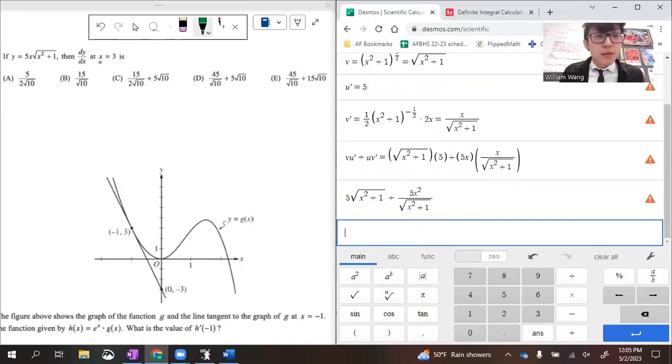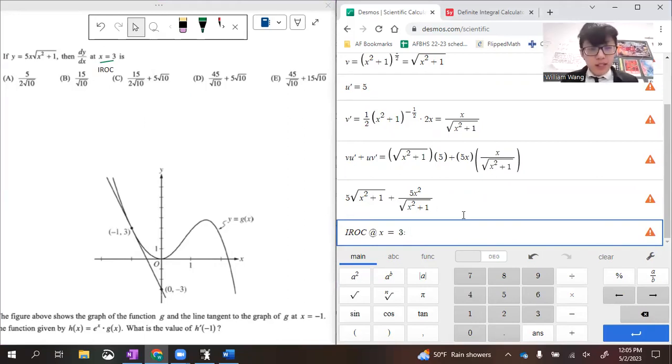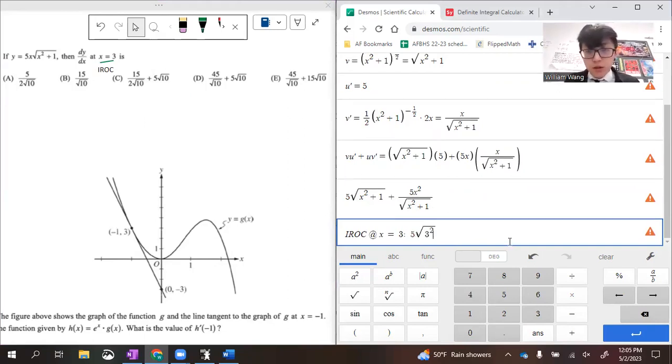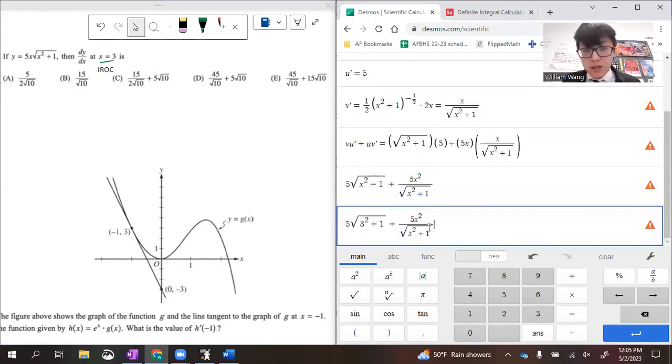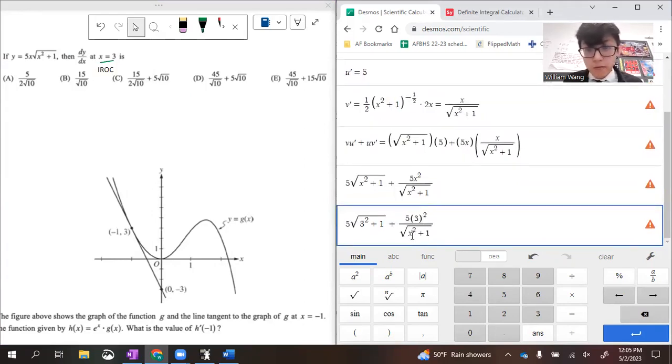Cool. Final step is I'm going to plug in 3, right? They asked me for the IROC at x equals 3. So let's plug in 3. So that's going to be 5 square root of 3 squared plus 1 plus this thing, and I'm going to plug in 3 for all of this. So 3 squared, 3 squared.